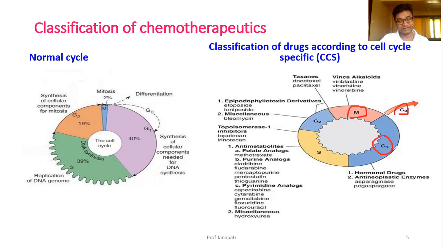At G1 phase, all the enzymes necessary for the synthesis of DNA and RNA are produced here, and then it moves to S phase. S phase is the phase where DNA and RNA are synthesized.